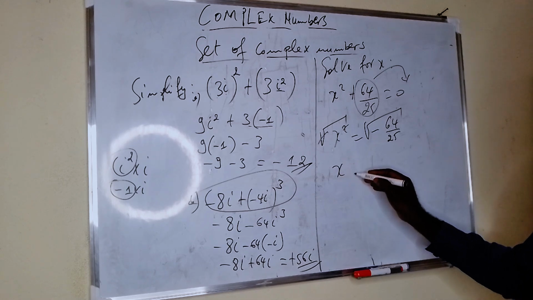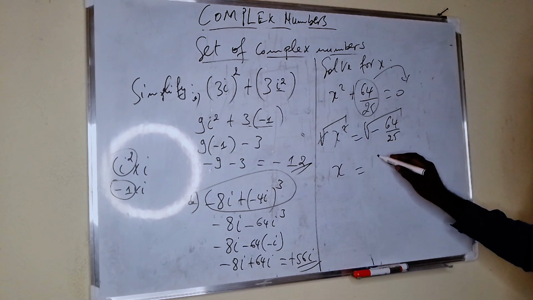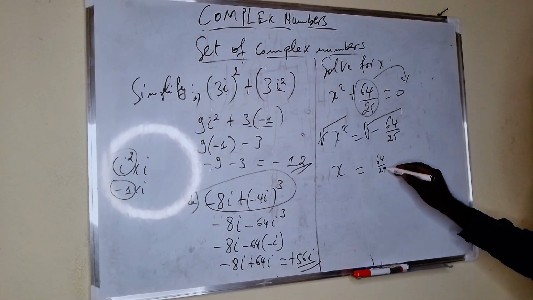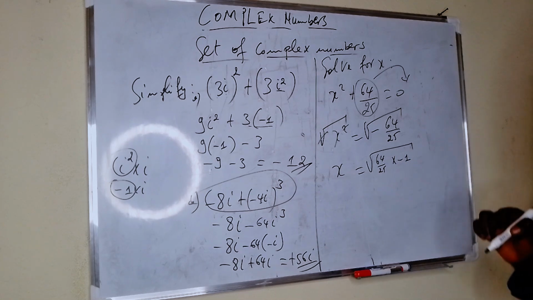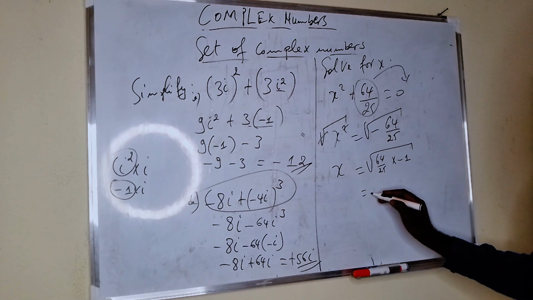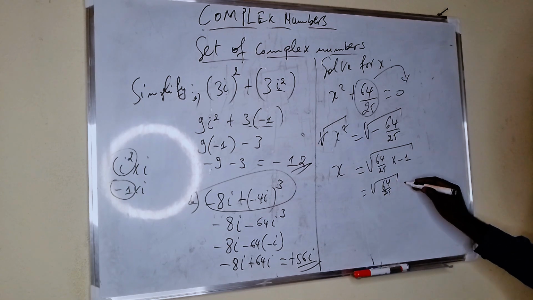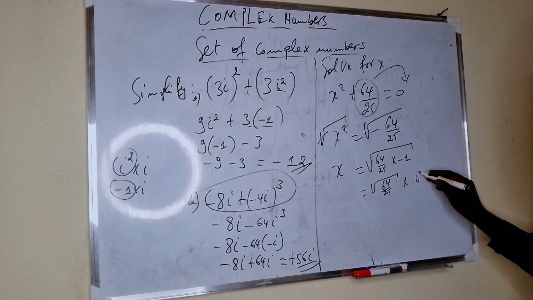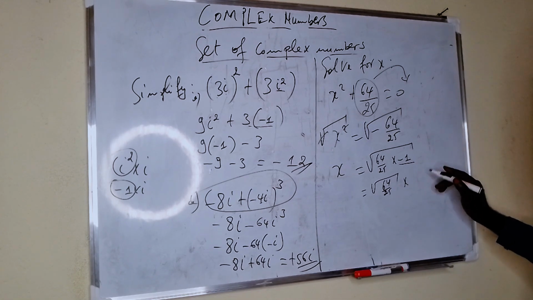We remain with x, which is equal to the square root of 64 over 25 times negative 1, like this, because this is negative. This is equal to the square root of 64 over 25, then times i, the square root of negative 1.